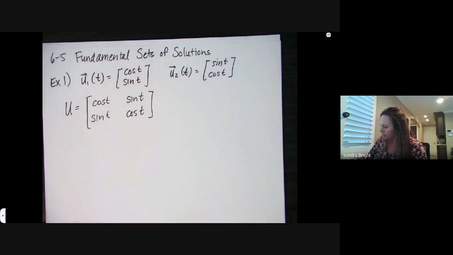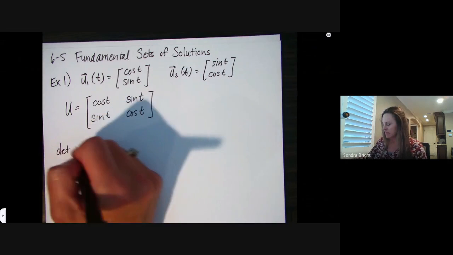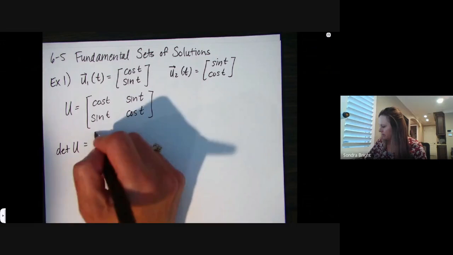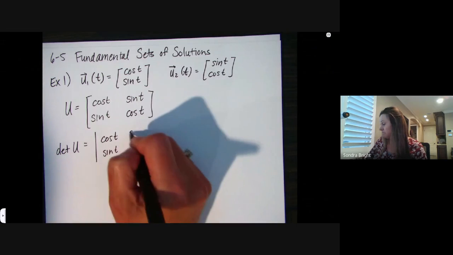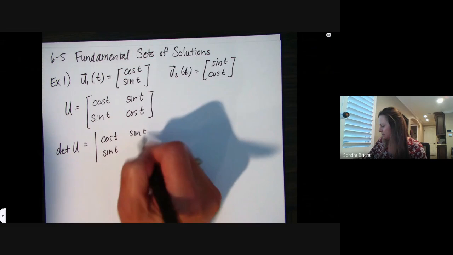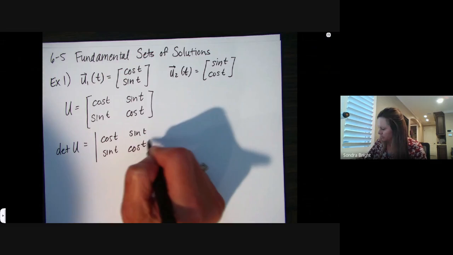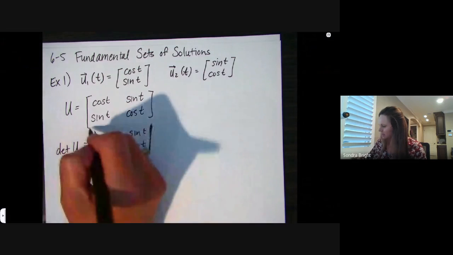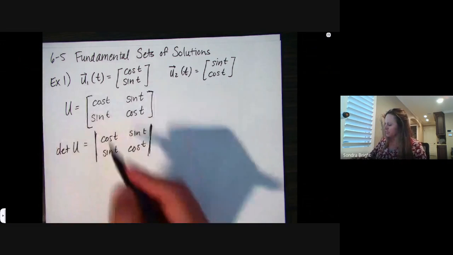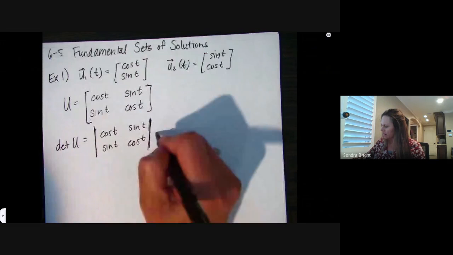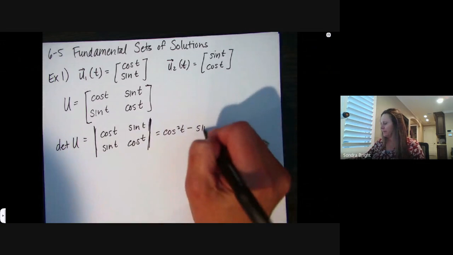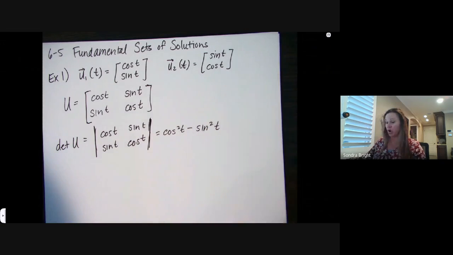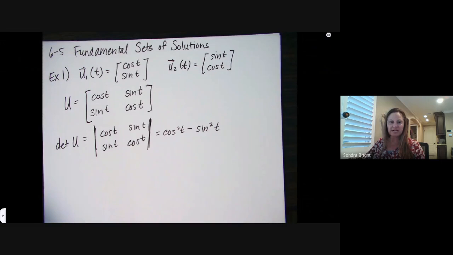Let's find the determinant. That'll tell us the quickest. The determinant would be cosine t, sine t, sine t, cosine t. It's a 2 by 2. This was a matrix, so it's got brackets, and the determinant just has straight lines. We multiply down the diagonal, so this will be cosine squared minus, down the other diagonal, sine squared. Now, can we say that this is 0 for every single t value? All you have to do is come up with one t where it doesn't work.